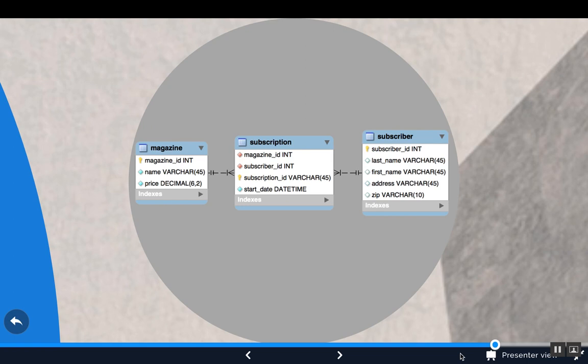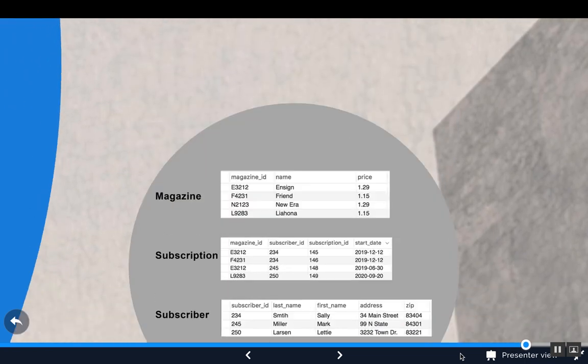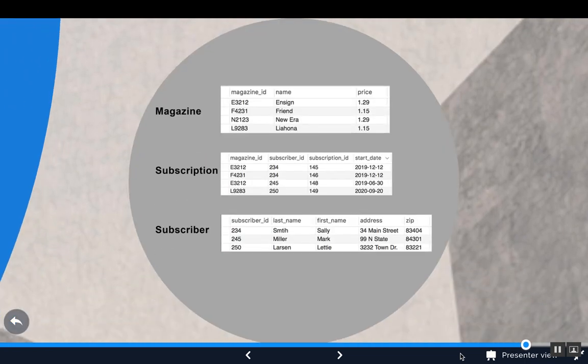But here we see that it makes a logical table called subscriptions. One subscriber can have many subscriptions, and each subscription belongs to one subscriber. One magazine can have many subscriptions, and each subscription belongs to one magazine. Here's the table data.